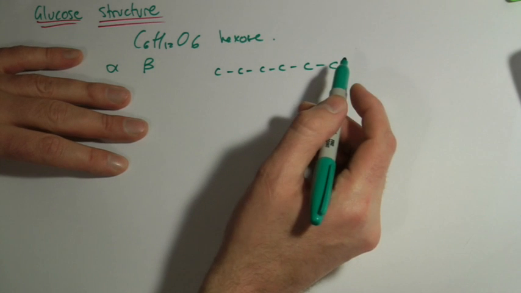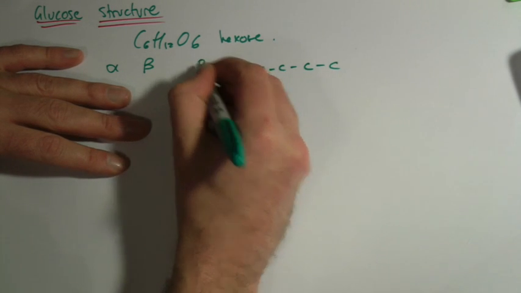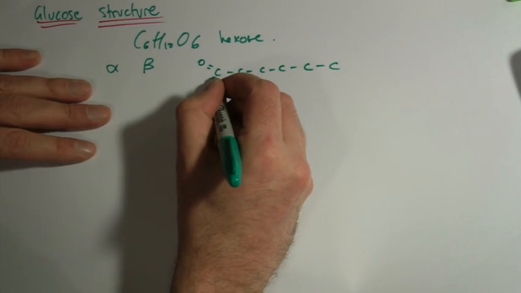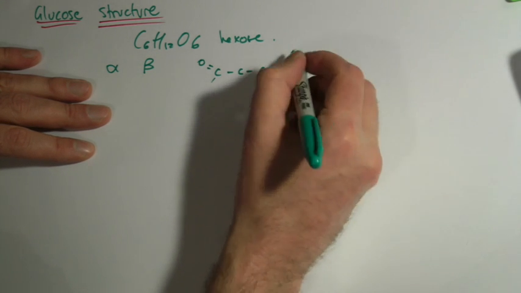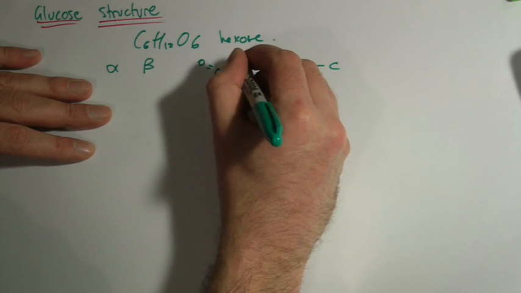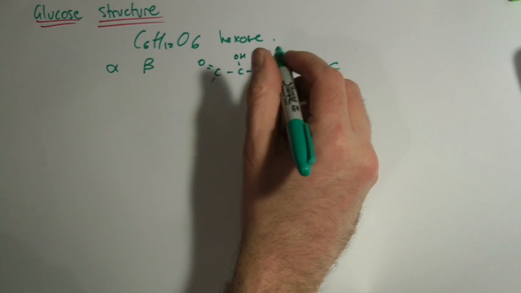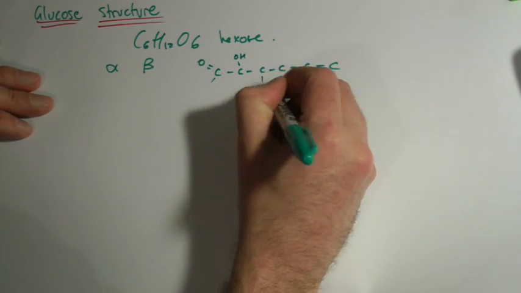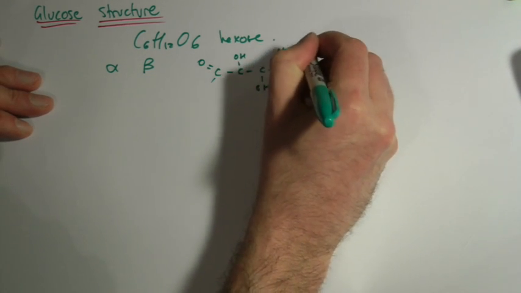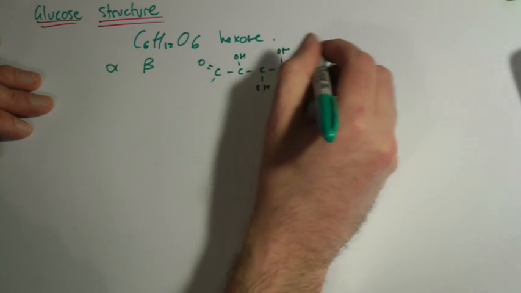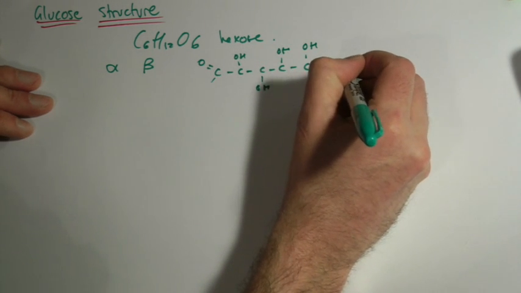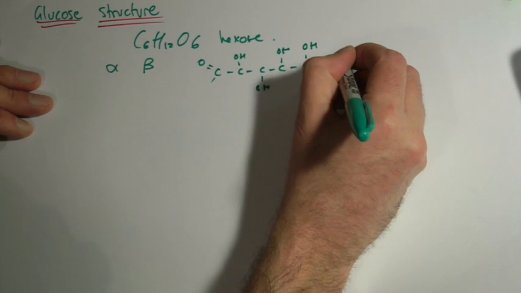So it's 6 carbons like this, and then on one end we've got a double bonded oxygen. That's just going to be hydrogen coming off here, and then we've also got our other oxygens, which are like so, 1, 2, 3, 4, 5, and then on here we've got our last one.